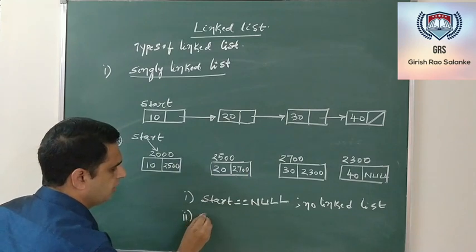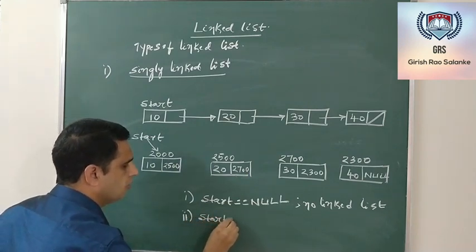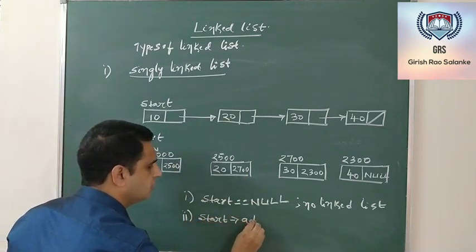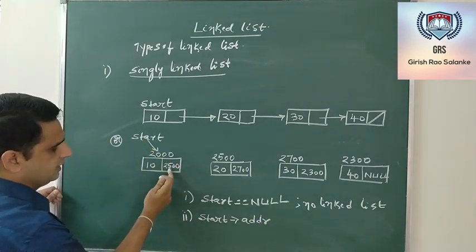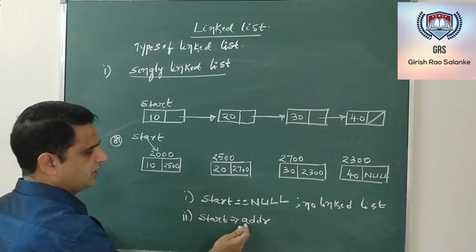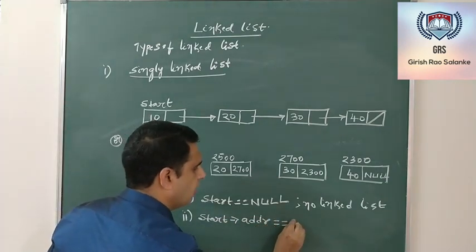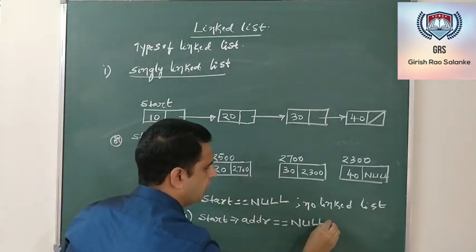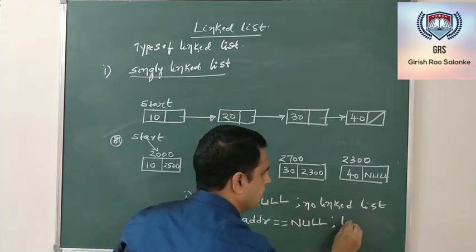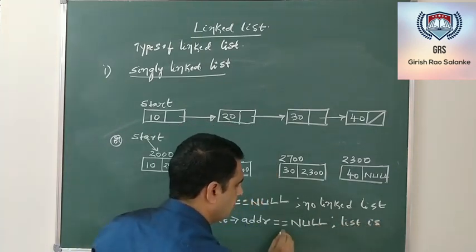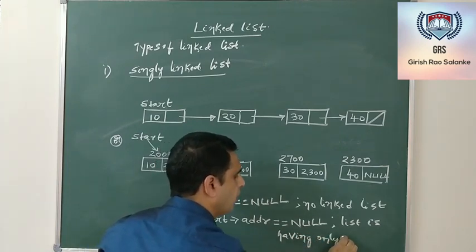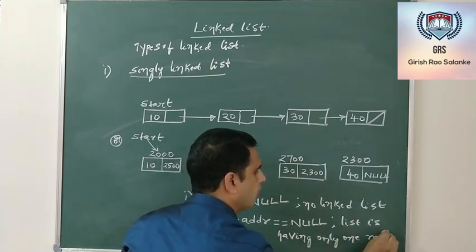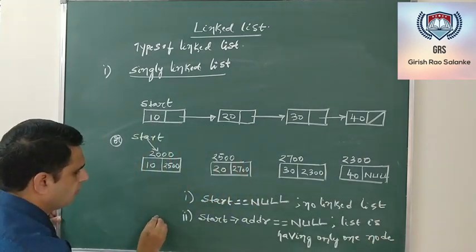Second point, if start of address, in the sense, if this is my node and this is my address, if start of address is null, then it implies that the list is having only one node, as in this case.